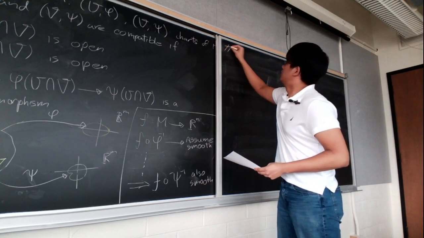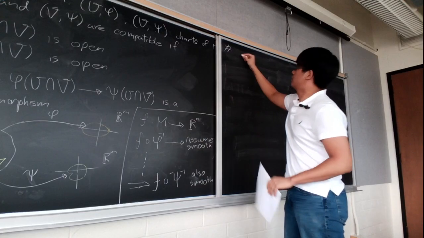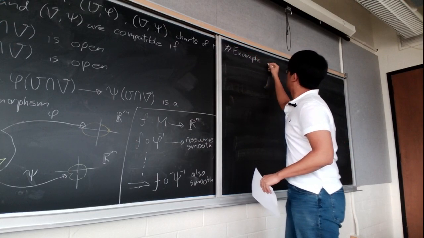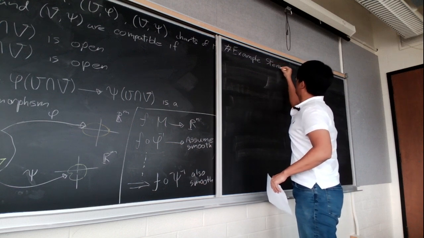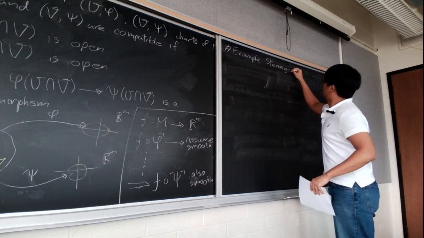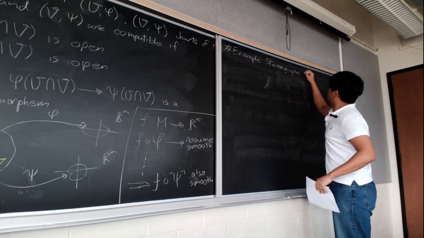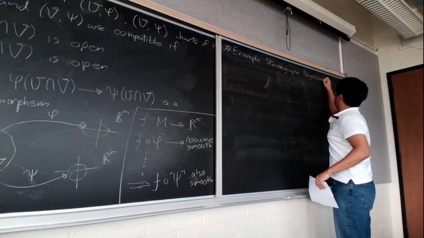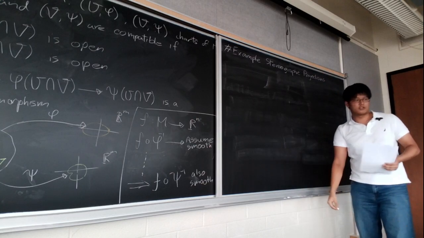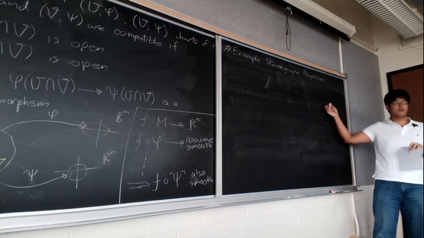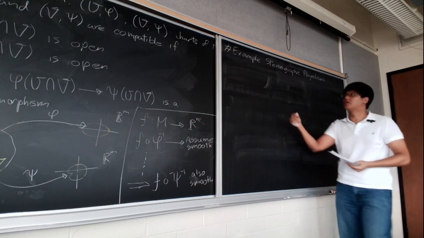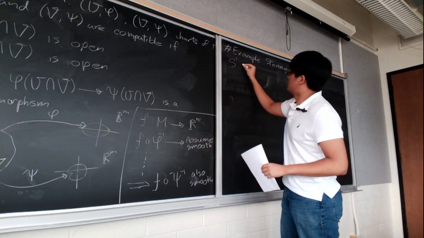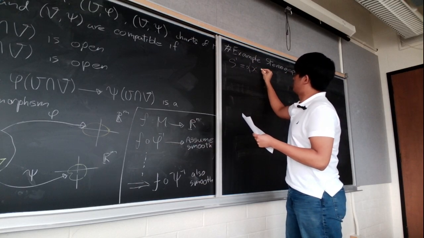Okay. Example. Specifically, we want to see a stereographic projection. Consider S1, a set of x in R squared.